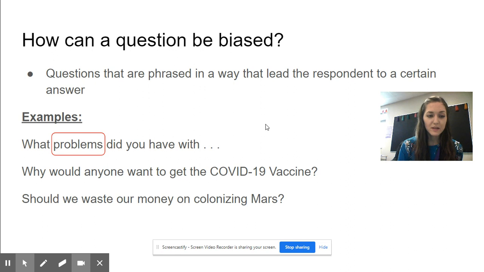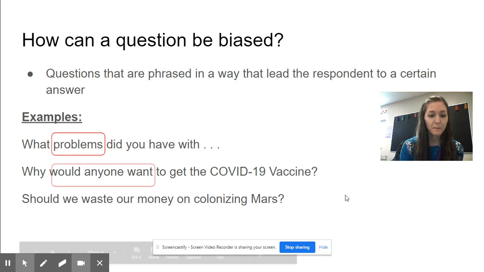The word problems in this first one is what makes this question biased, because it's already assuming that people are having problems with it and doesn't make any room for people who had no problems with whatever the subject was. Why would anyone want to get the COVID-19 vaccine?